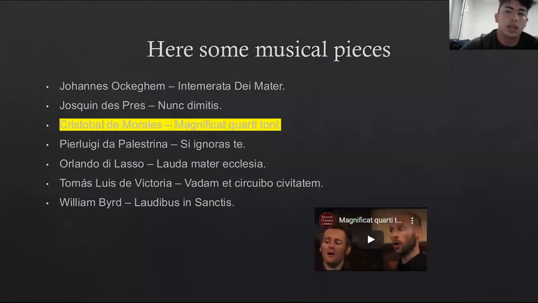Here are some musical pieces as examples.